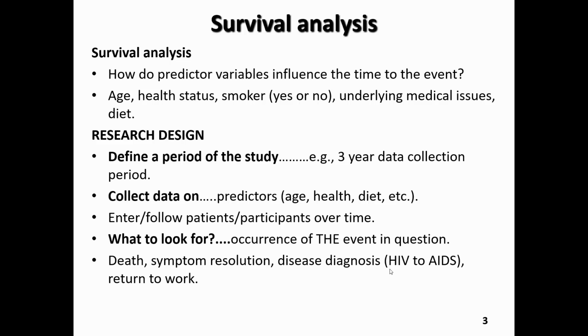So patients that are HIV positive may not have acquired immune deficiency syndrome, which is the disease caused by the virus. So the actual diagnosis of AIDS would be the event in question here for this type of research study.